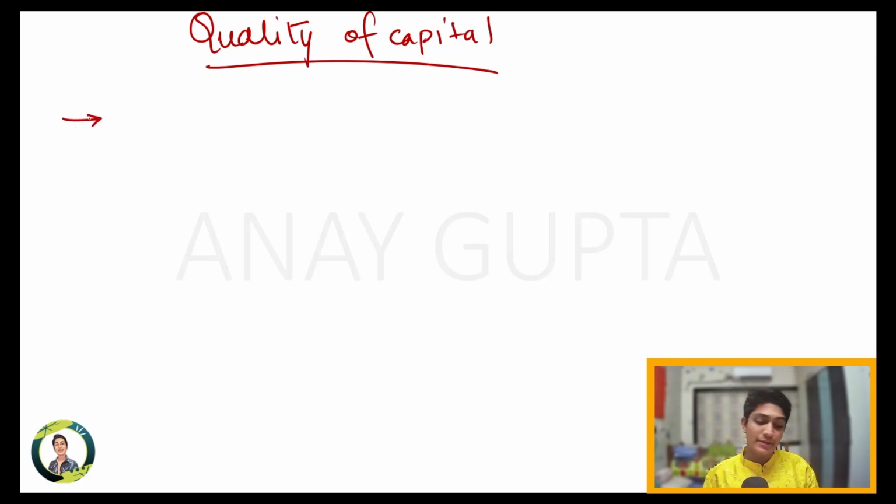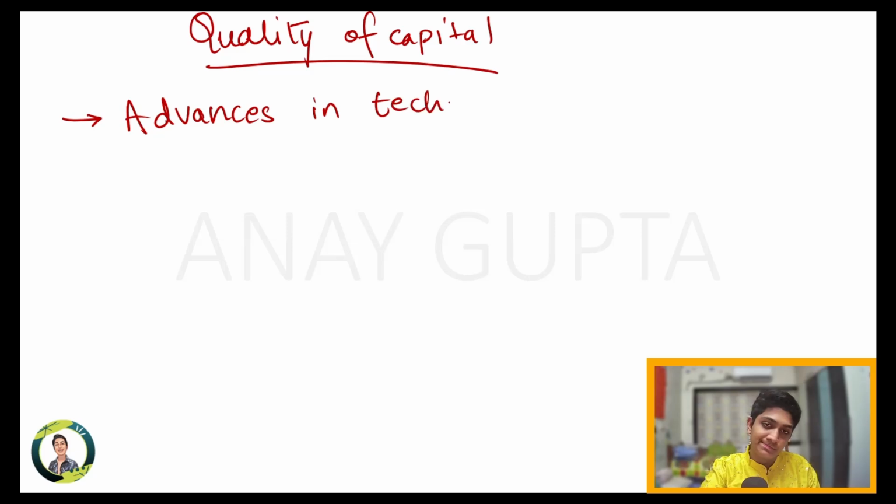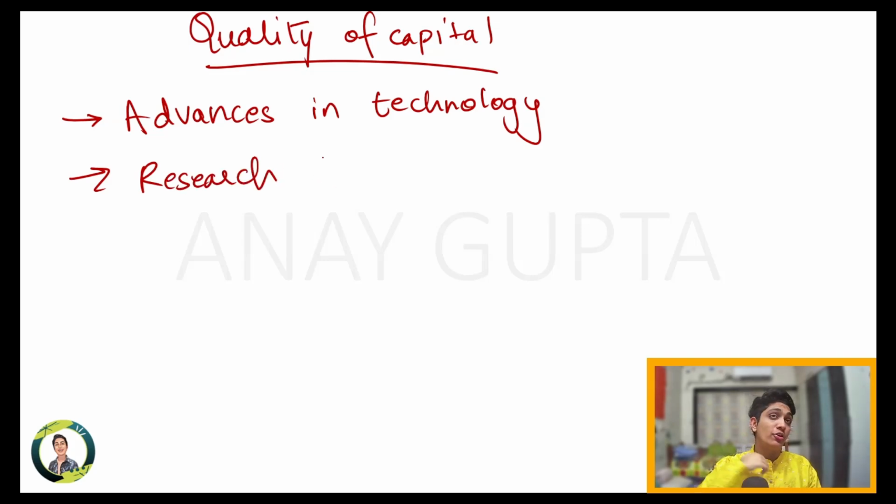So, capital's quality really depends on the advances in technology, in the research and development. So how much research is going on? Are there new methods that have come up? Are there new machines that have been invented?